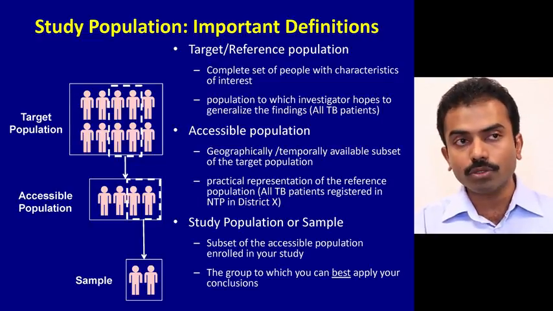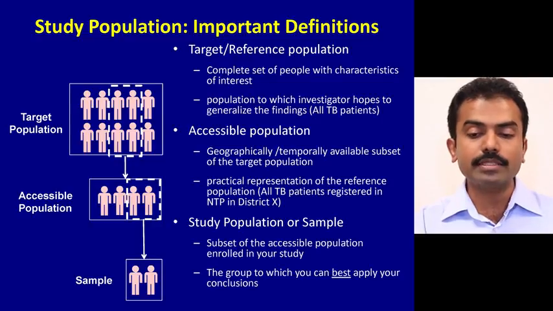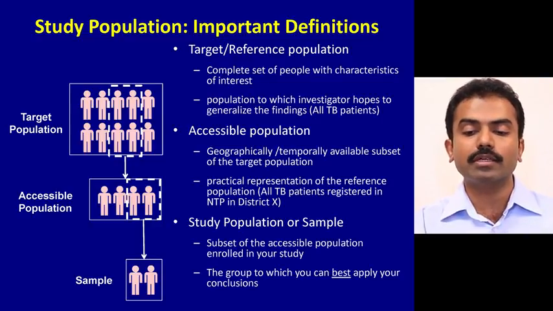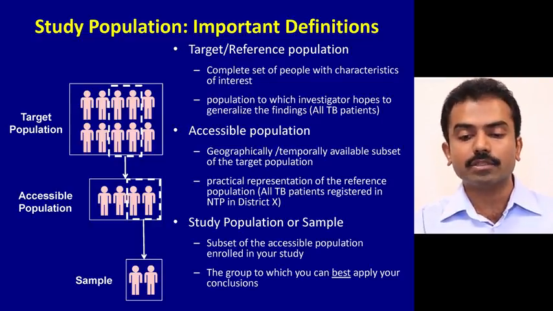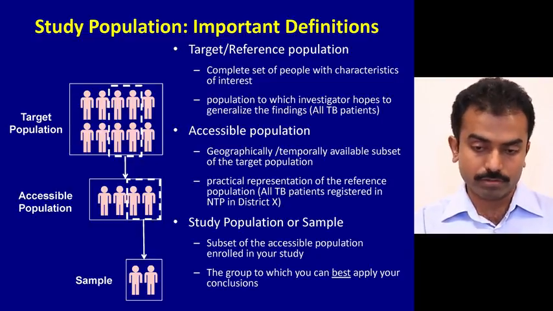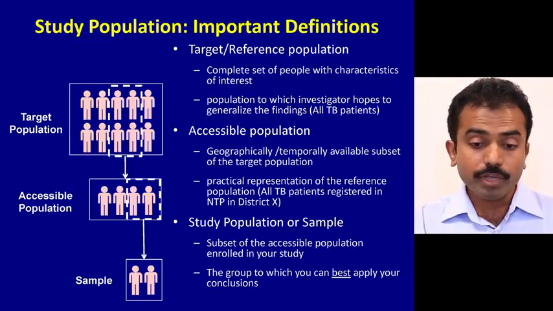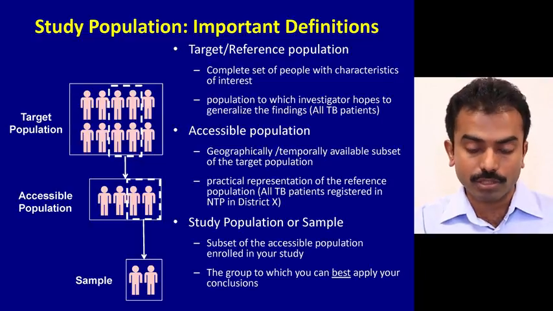For example, if you are doing a study on tuberculosis patients, is HIV associated with death among TB patients? If that is the research question, then all TB patients anywhere in the world is our reference population, and that is where we want to be able to generalize. But we don't have access to all the TB patients in the world.